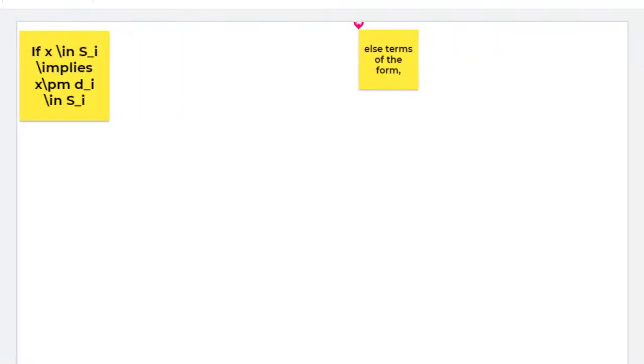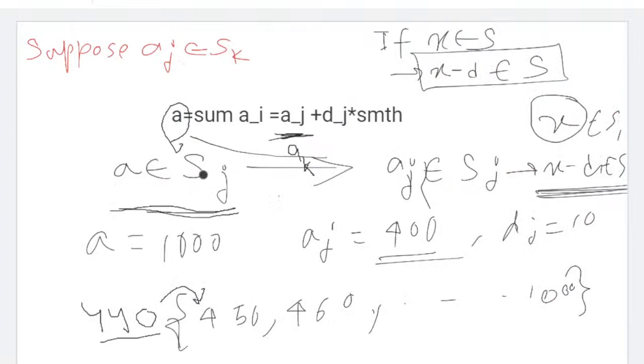What does that mean? It's not that easy. How do we prove uniqueness at this point?